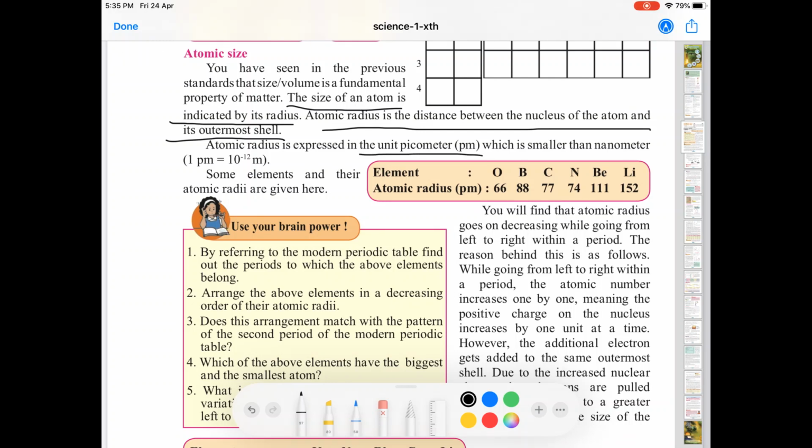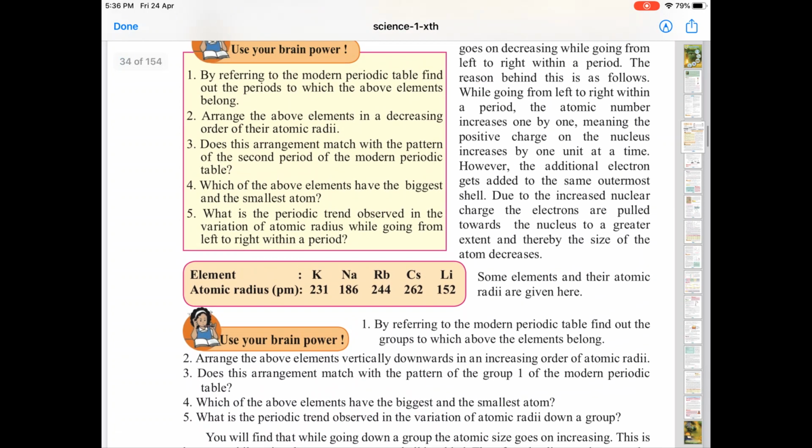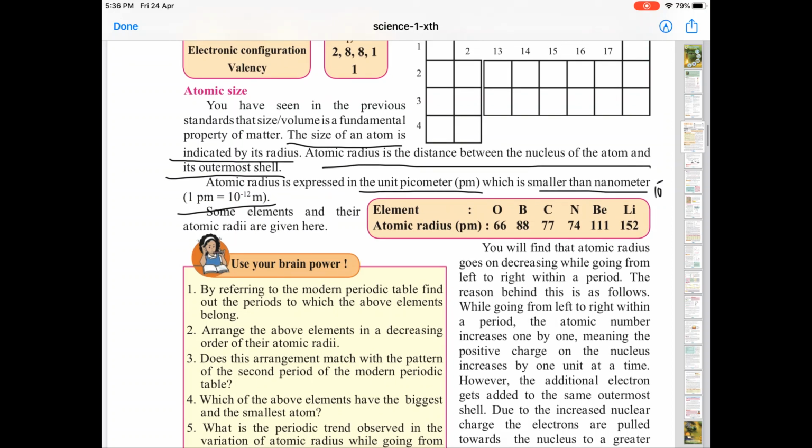If you try to understand picometer, we can figure out that it is even smaller than nanometer. 1 picometer is 10 raised to minus 12. The size of an atom is expressed in picometer. It is the distance between the nucleus of the atom and the outermost shell.